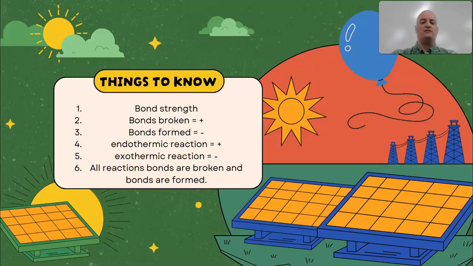All reactions have bonds that are broken and bonds that are formed. If you think of a chemical reaction, the bonds that exist on the reactant side need to be broken up, and then they form new bonds to make the products.